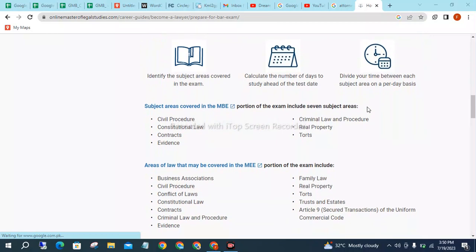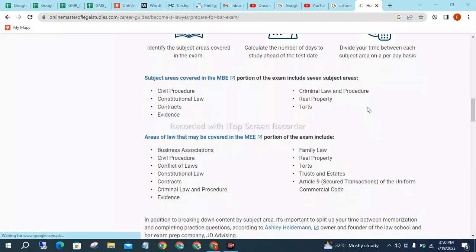Areas of law that may be covered in the MEE portion of the exam include business associations, civil procedure, conflict of laws, constitutional law, contracts, criminal law and procedure, evidence, family law, real property, torts and estates, and Article 9, secured transactions, of the Uniform Commercial Code.